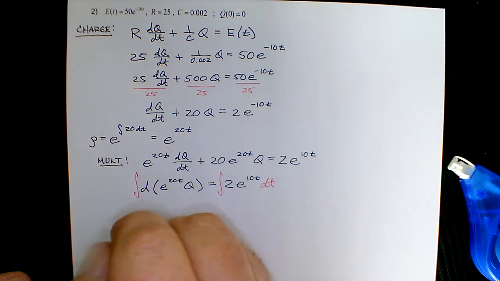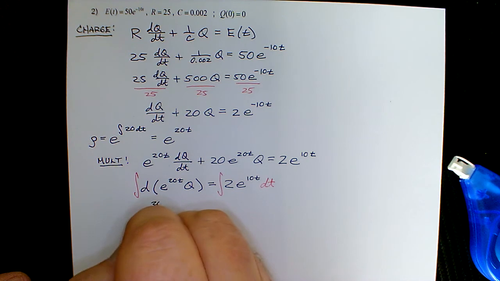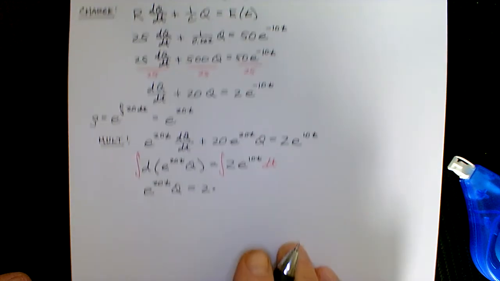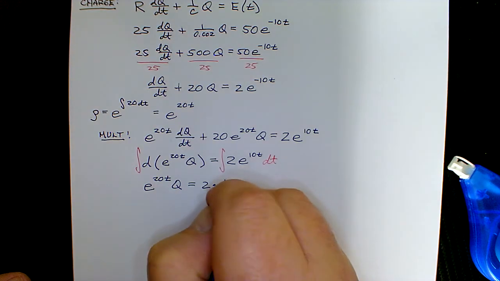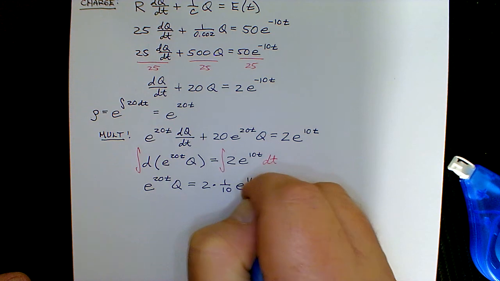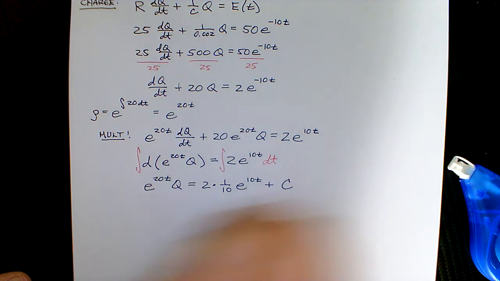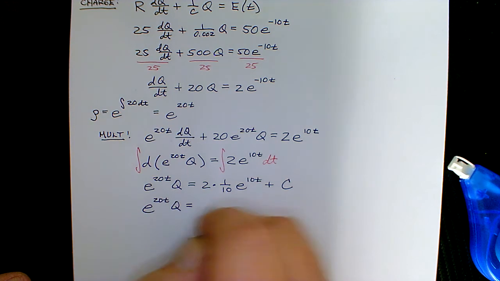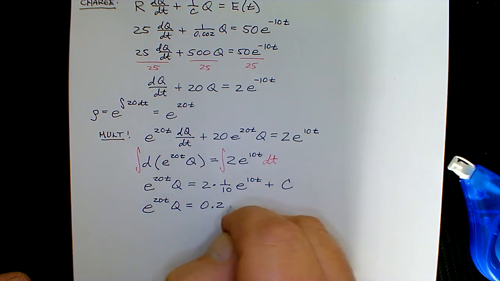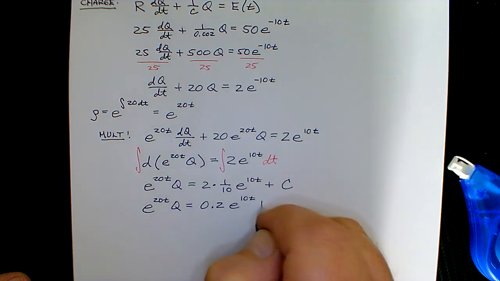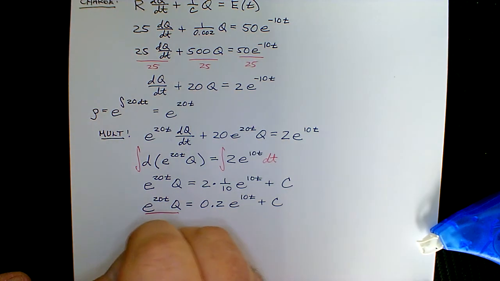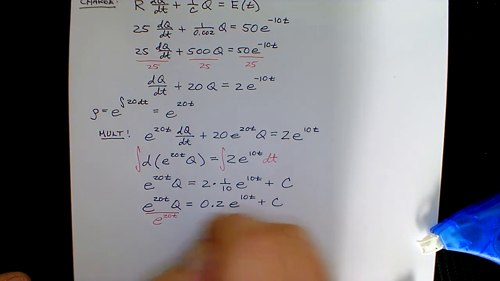But integrating the derivative of this something, we get that something, so e to the 20t times q equaling, okay, the 2 tags along, integrating e to the 10t, that's e to the kt once again, so 1 over 10 e to the 10t, then add our constant, so e to the 20t q equals 0.2 e to the 10t plus our constant. Now we'll solve for q, so divide by e to the 20t.